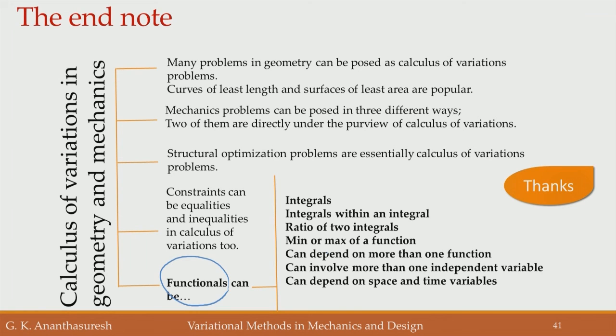Like if you do 3D elasticity, you have ux, uy, uz, 3 functions that are unknowns, and in the dynamics case it can depend on space and time variables. And the most important thing for this lecture that you need to remember is that there are 3 different ways to pose the static and dynamic equilibrium problems in mechanics, and 2 of them are related to variational methods, which is the topic of our course. Thank you.